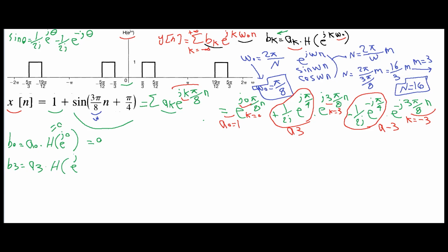From the graph, this equals 1. So b3 equals a3. Similarly, for k equals -3, b_-3 equals a_-3.